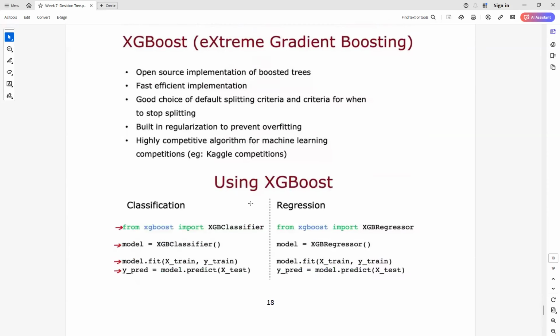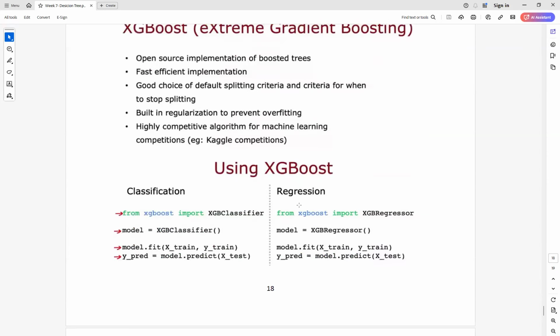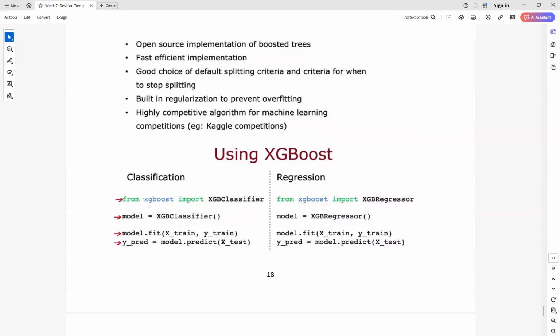And then XGBoost can be used for classification and regression purposes. For example, if you want to use it for classification, you can call the XGBoost package and import XGB classifier, and then you can get this model, fit your model on the training examples, and then make a prediction.